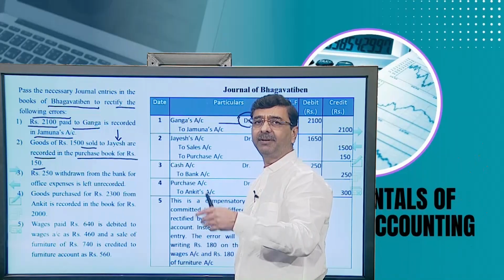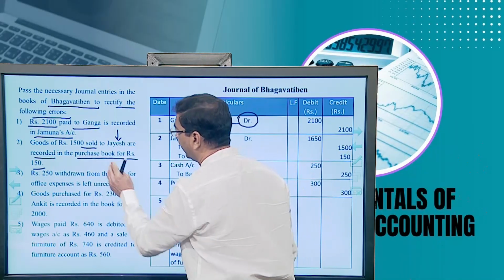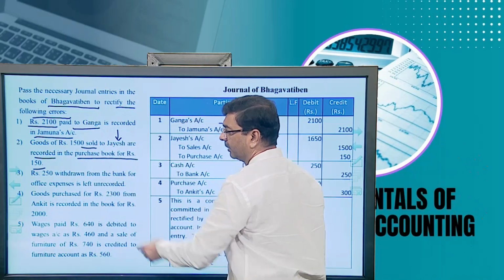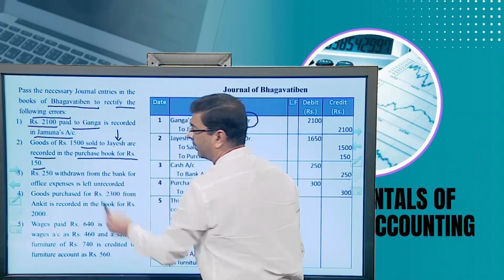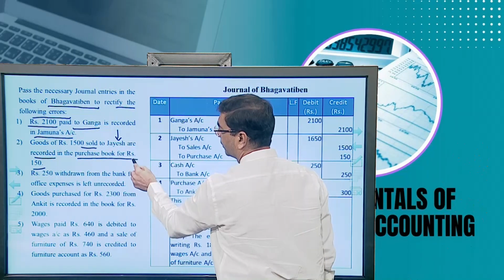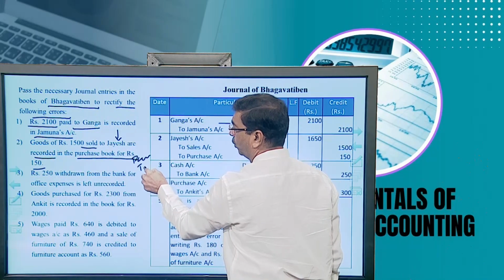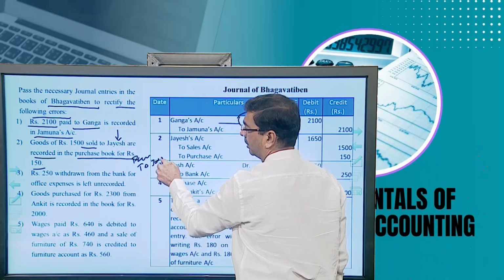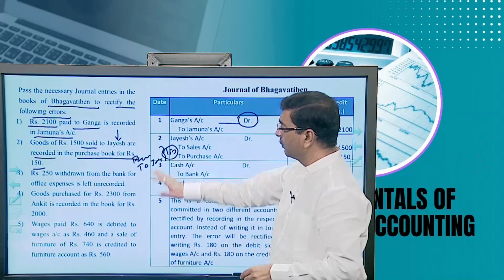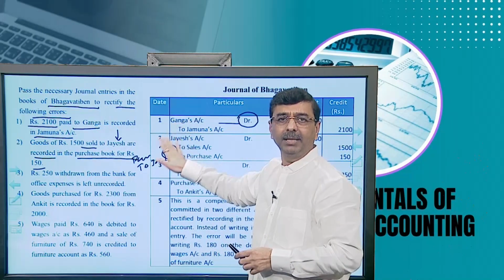First we have to identify what wrong entry was made in the books of accounts. Goods of rupees 1500 sold to Jayesh were recorded in the purchase book as 150. So the entry made was purchase account debited to Jayesh account by 150 rupees, correct? It is already made in the books of accounts.